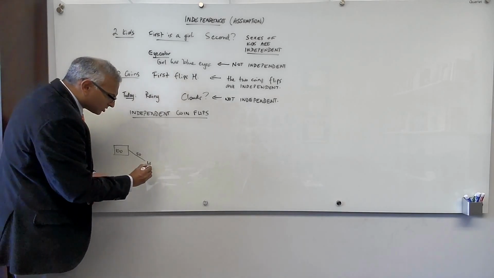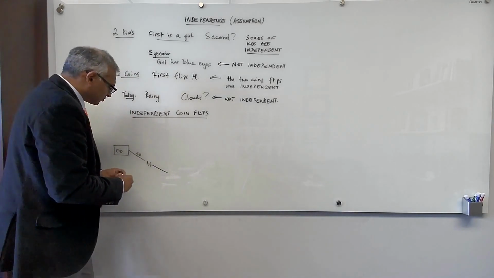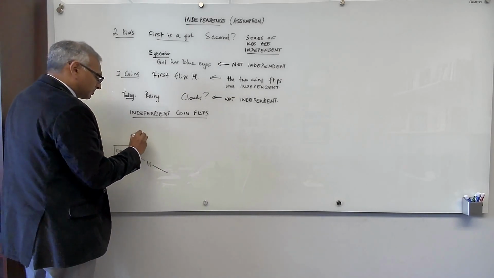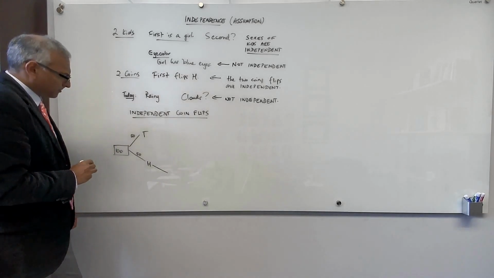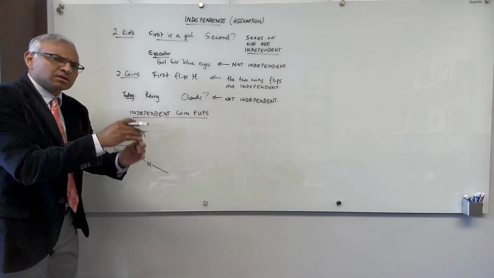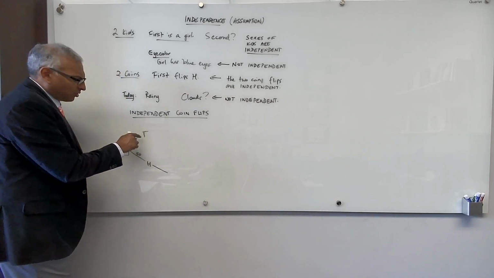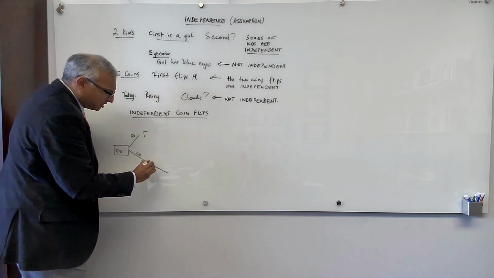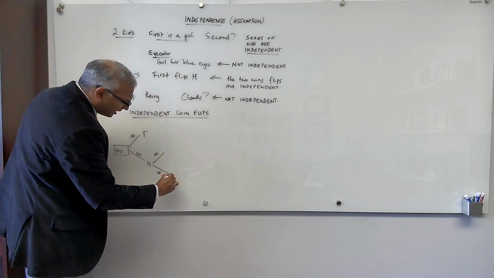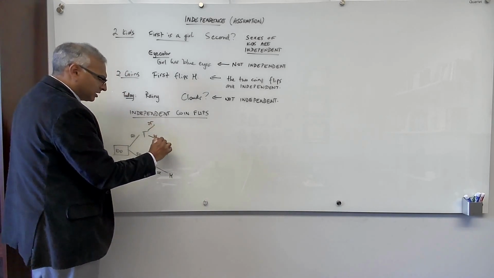Okay, and now what's going on with the second flip? The second coin, so 50 of them are heads, 50 of them are tails. Okay, and the second coin says, I don't care what happened to the first coin. I'm going to behave independently. So whether the first coin was heads or tails, in either case, for these 50, roughly 25 will be heads, and roughly 25 will be tails.